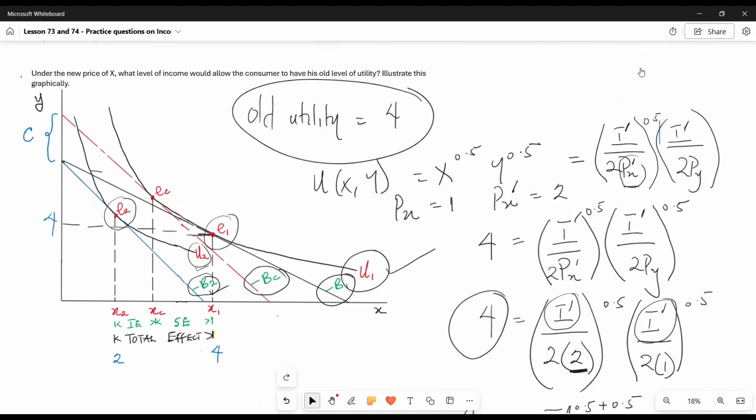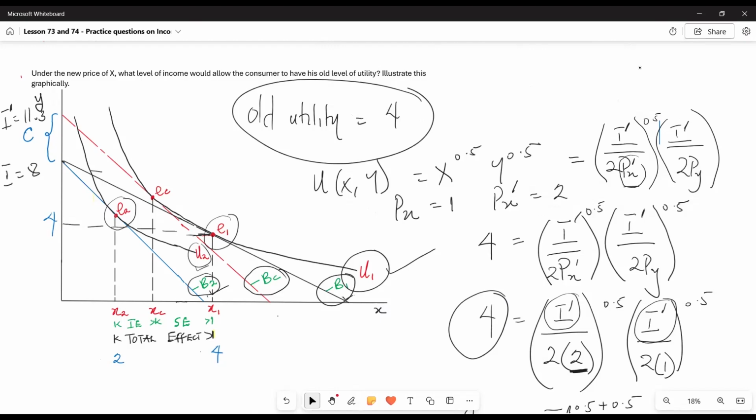If we come back to our graph here, we see that at budget constraints B1 and B2, the original income is 8. We've calculated that to keep Ella on the same level of utility, even though the price has changed, the level of income that will allow us to do this is 11.3.